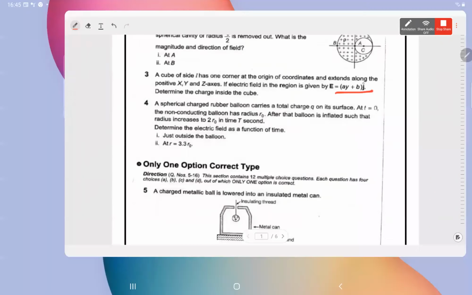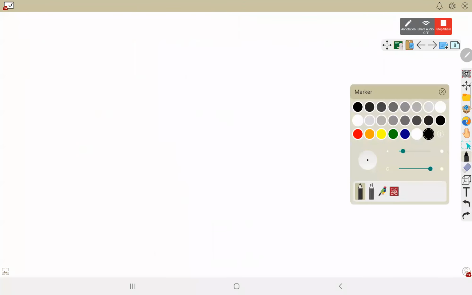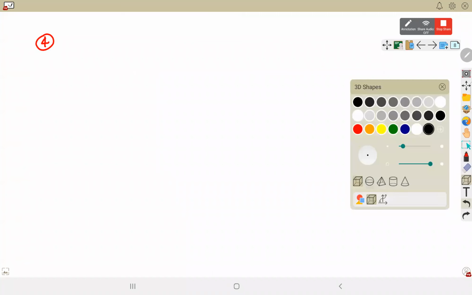Question number 4. Spherical charged rubber balloon, its radius is increasing. Right.